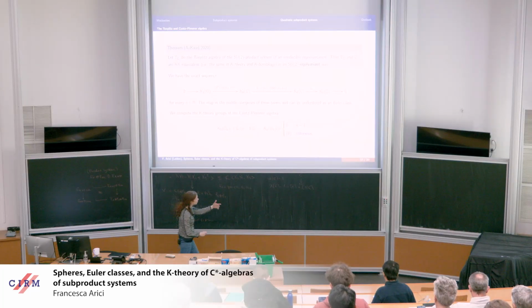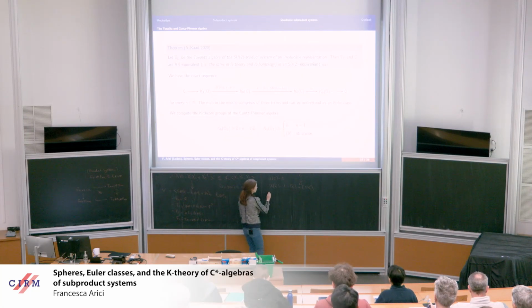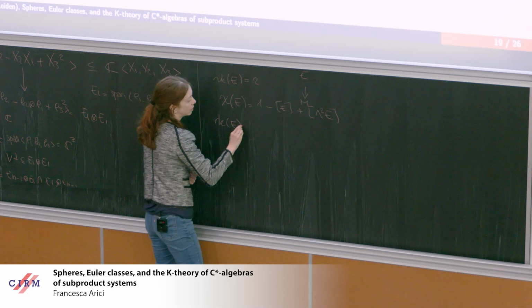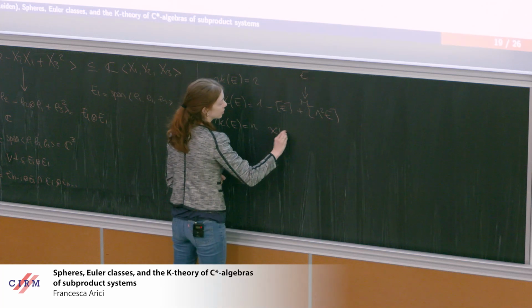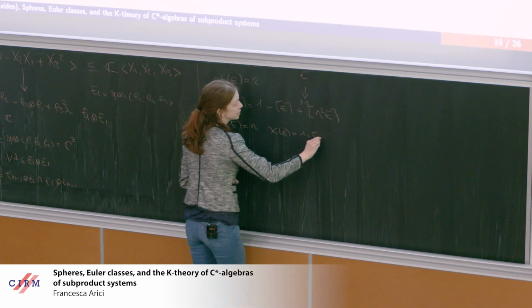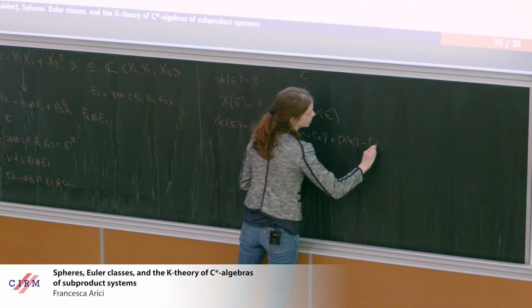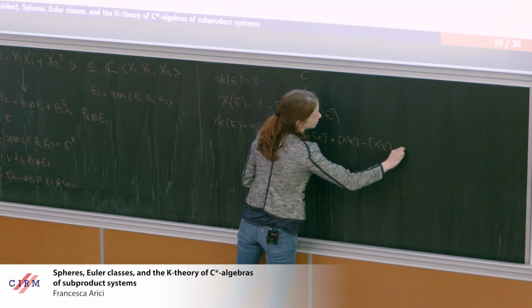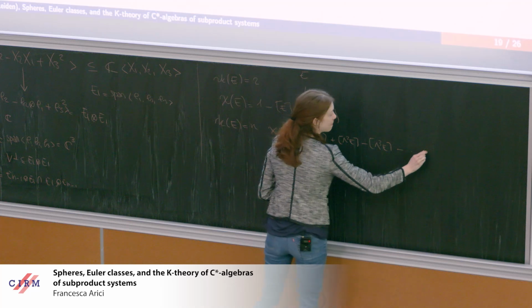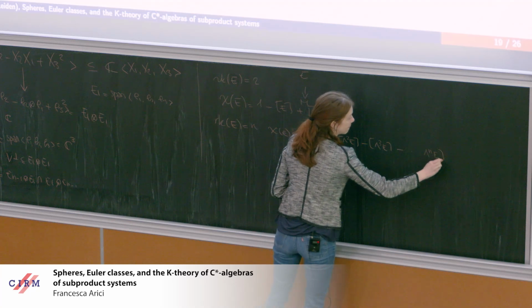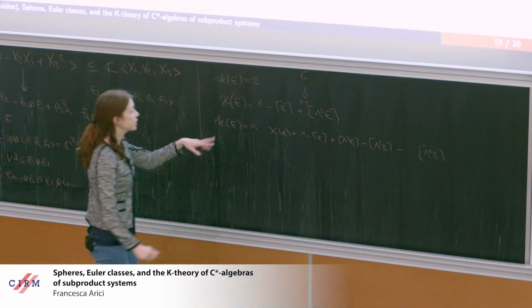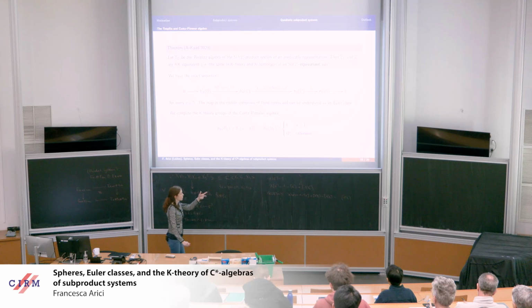And in general, for a rank n vector bundle, chi of E is 1 minus E plus lambda squared of E minus, and you go on like this. So it's the alternating sum of the classes of the wedge powers of the bundle.